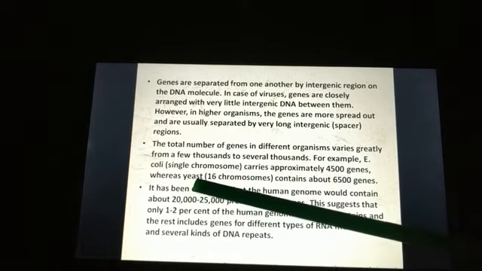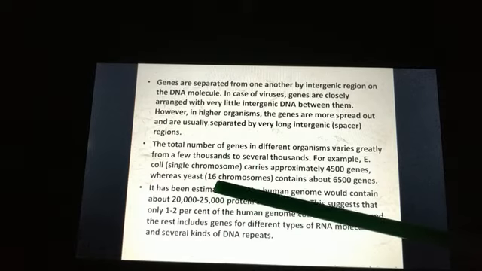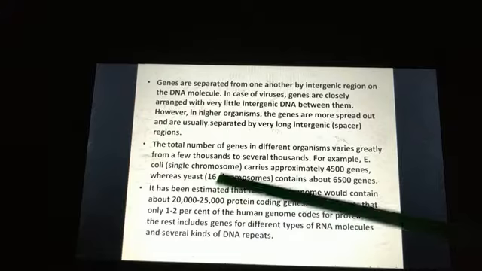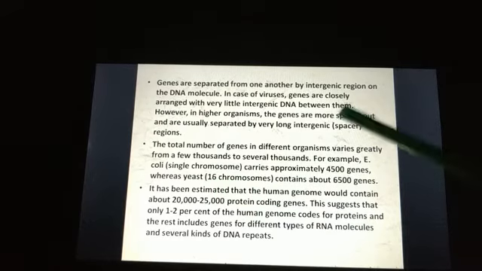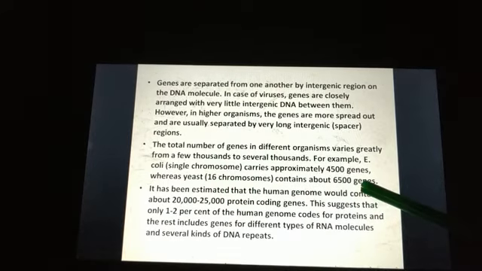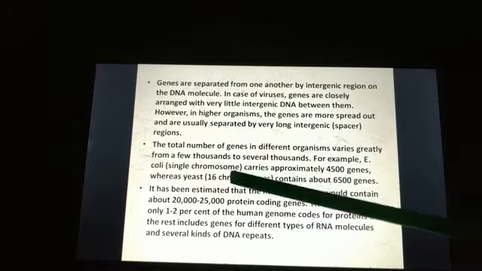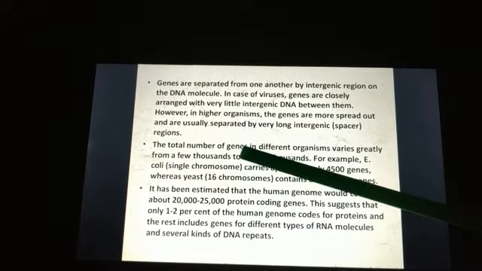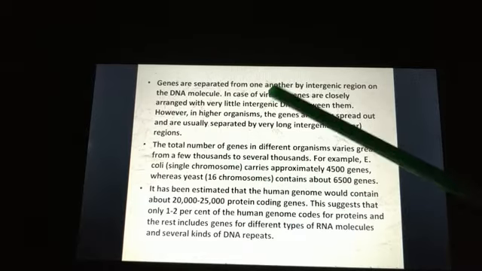Whereas yeast, which has 16 chromosomes, contains about 6,500 genes. So the total number of genes present in an organism varies. In humans also it varies.